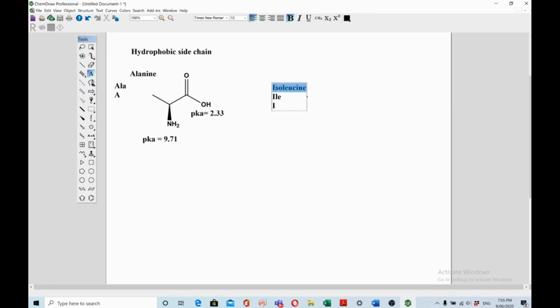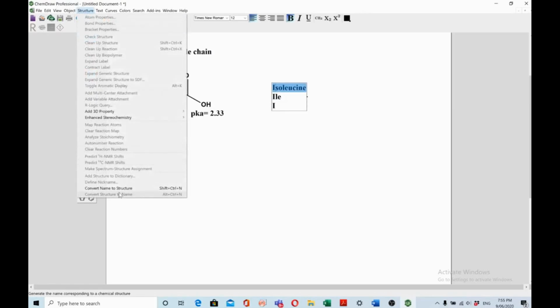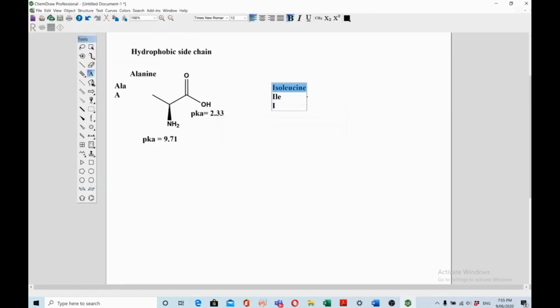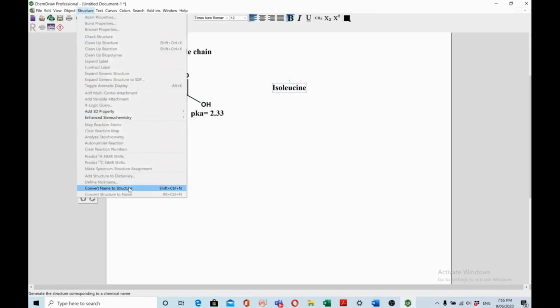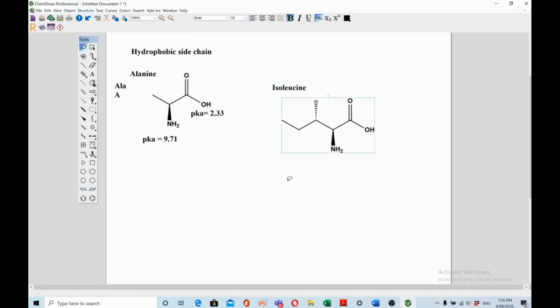It has an NH2 group and an acid group. Now you see this is the hydrophobic part, the water-repelling part.